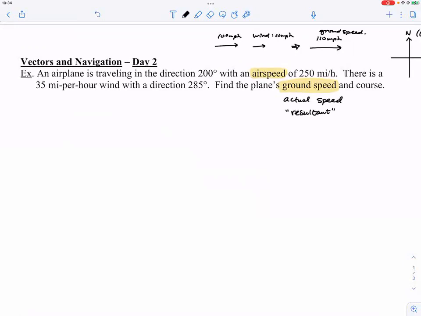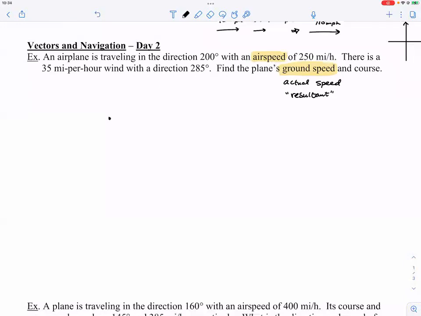So we have an airplane. Now, by the way, I think the worst starting point that a student could have is that they draw a tiny diagram. There's no advantage to drawing a tiny diagram. Make sure your diagram is big enough. We got space here, so utilize the space wisely.